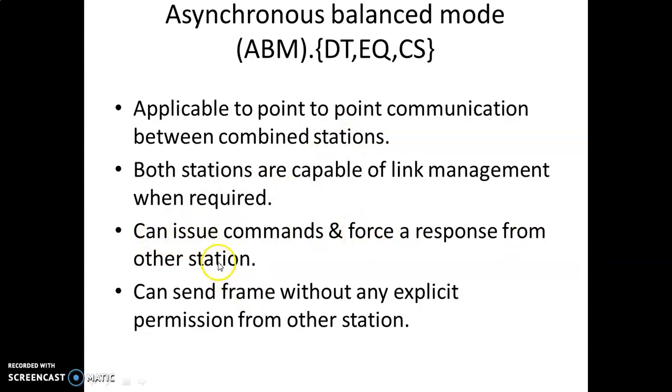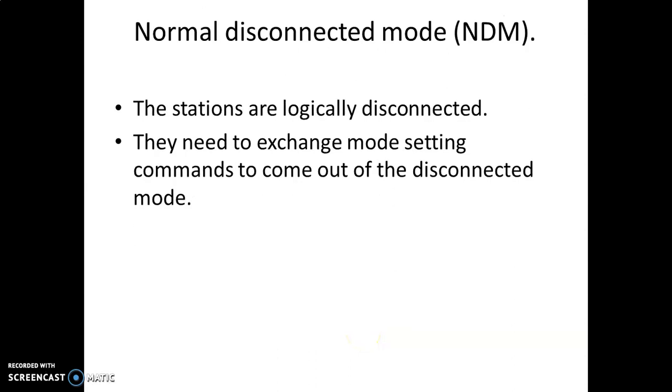So one can be primary and the other secondary, and one can issue commands and force a response from the other station. Since it is asynchronous, it can send frames without any explicit permission from the other station. This is very simple.